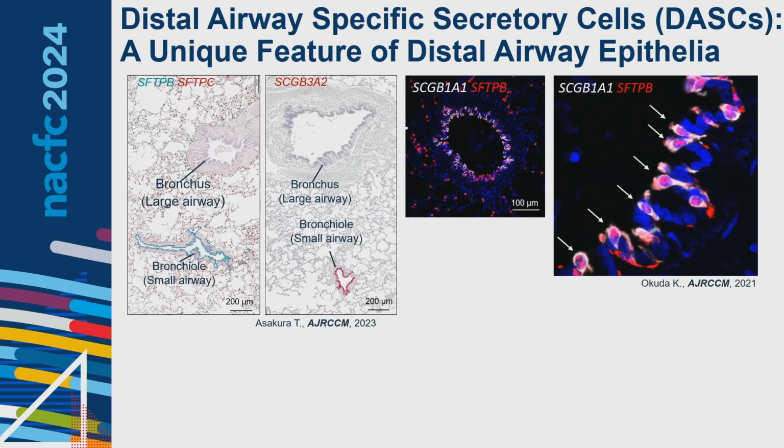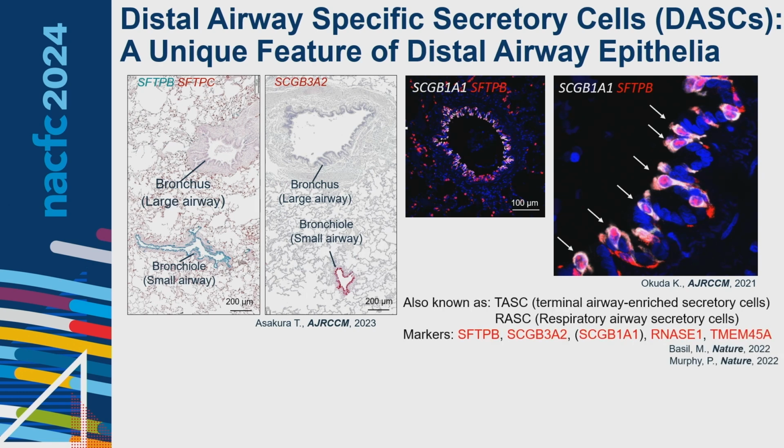Additionally, it is important to note the morphology of the SFTPB positive cells. They are more club-shaped, which indicates their secretory nature. This cell population also goes by other names, depending on the publication. It's either terminal airway-enriched secretory cells or respiratory airway secretory cells. But either way, their genetic markers remain the same.